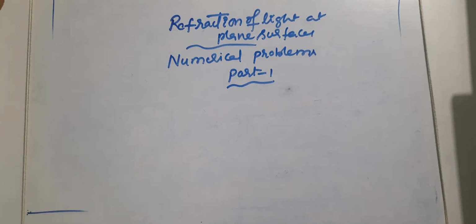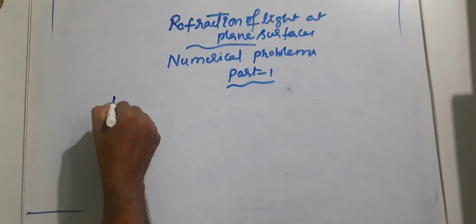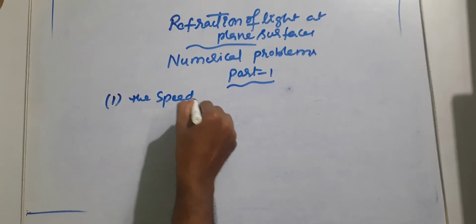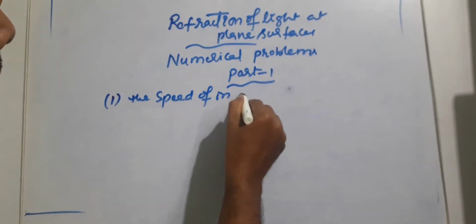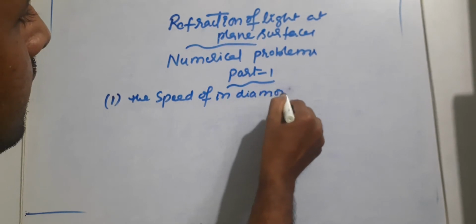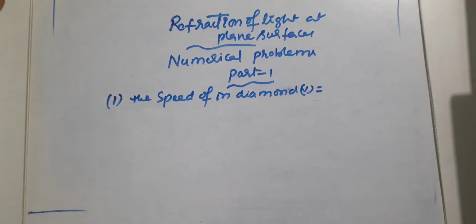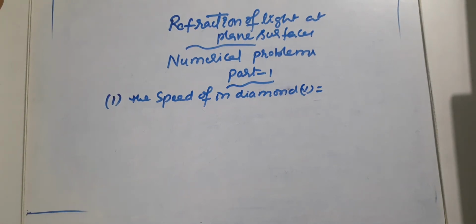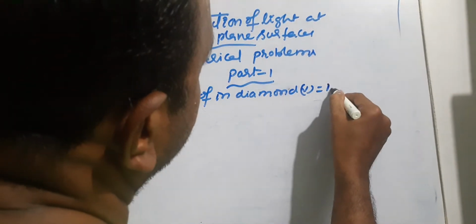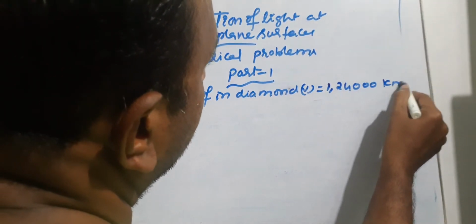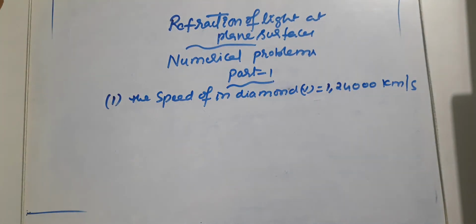Now first one, the speed of light in diamond. Problem number 1: the speed of light in diamond is given as 1,24,000 kilometer per second.